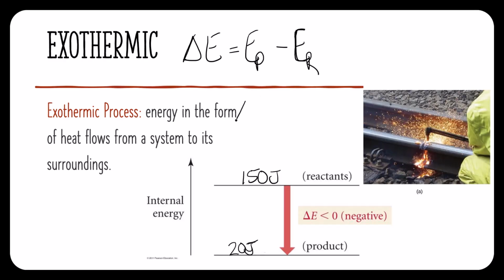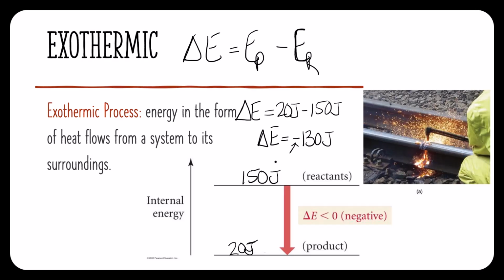So if I want to look at the change in energy for this chemical reaction, I'm going to take the energy of my products, which is 20 joules, minus the energy of my reactants, which is 150 joules. So 20 minus 150 will give me negative 130 joules. So that negative value tells me that it's exothermic.